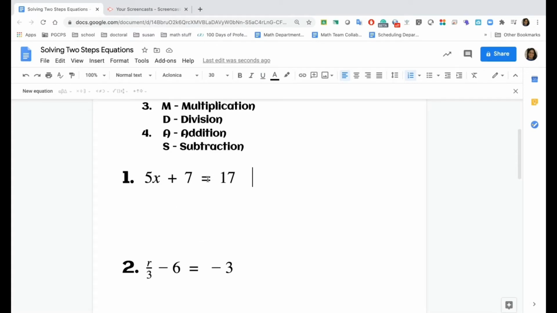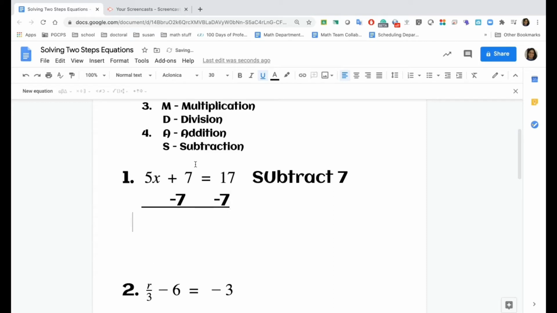To solve this equation, the first thing we need to do is to subtract 7 from both sides. That is undoing addition. Subtract 7 from 7, subtract 7 from 17. Now the left side will be 5x, and the right side will become 17 minus 7, which is 10.